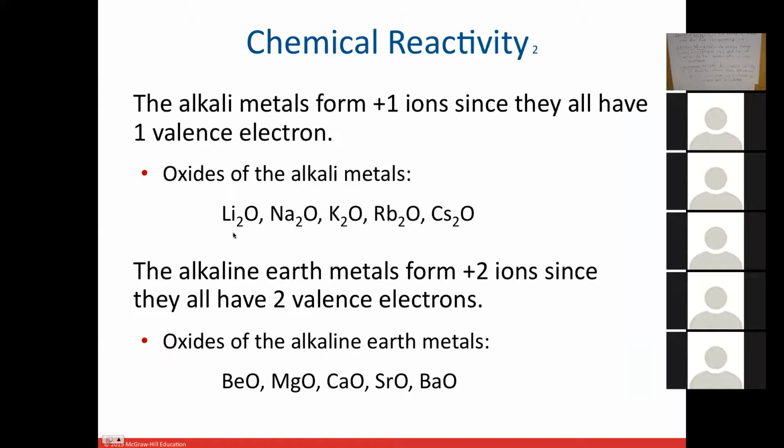So you also see these patterns too, right? There's patterns of reactivity. All of the 1A metals form a 2-to-1 ratio with oxide, right? Li2O, Na2O, whereas all alkaline earth form a 1-to-1 ratio, MgO, CaO, SrO. So the patterns of the ionic compounds they form, it's very predictable.